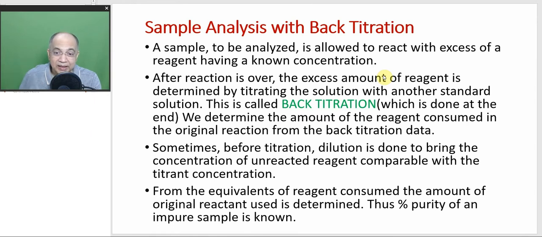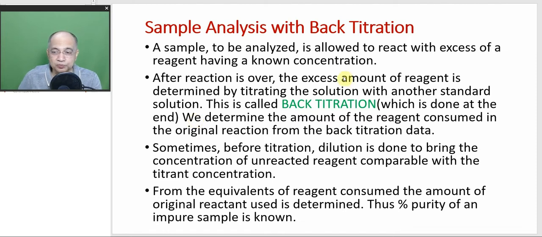And after the reaction is over, the excess amount of the reagent is estimated by titrating the solution with another standard solution. You know what is a standard solution. I remind you, if the concentration of the solution is accurately known, then that's a standard solution.